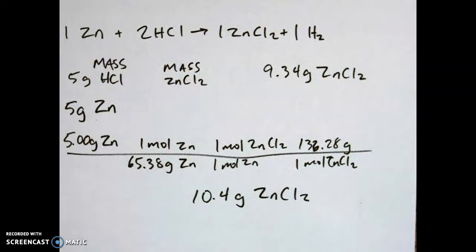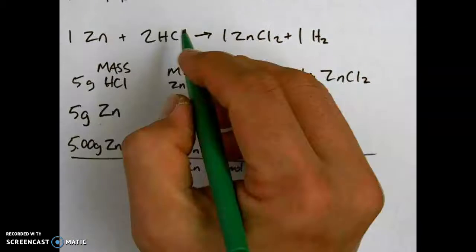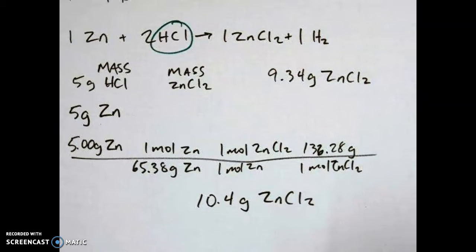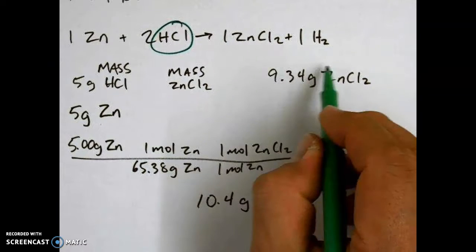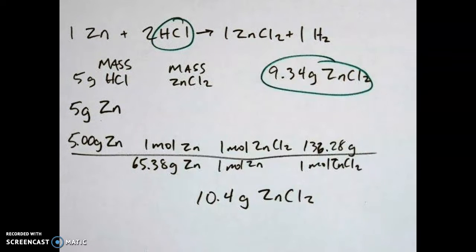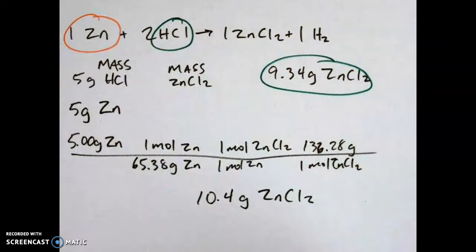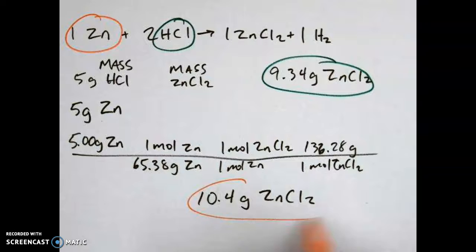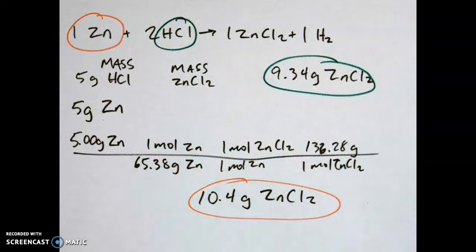Okay? So 5 grams of this produced 9.34 grams of zinc chloride, and 5 grams of this produced 10.4 grams of zinc chloride. Which one's smaller?